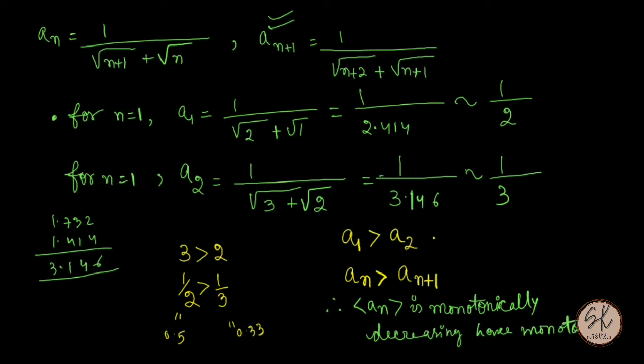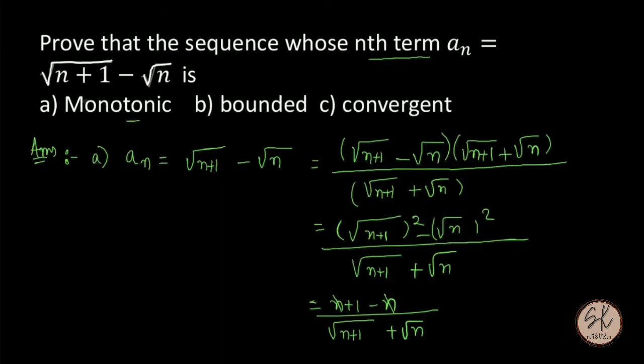So the first part is proved: the sequence a_n is monotonic.